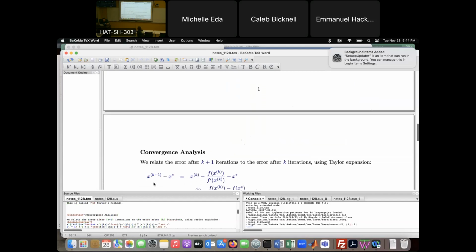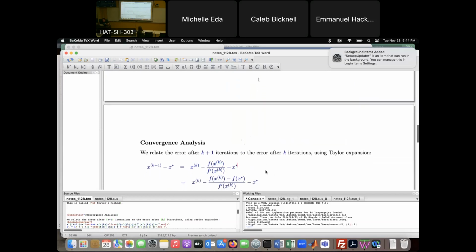Now, all I've done at this point is replace xk plus 1 with the Newton's method formula, and I'm still subtracting x star. Now I want to manipulate this expression to involve the previous error, xk minus x star.